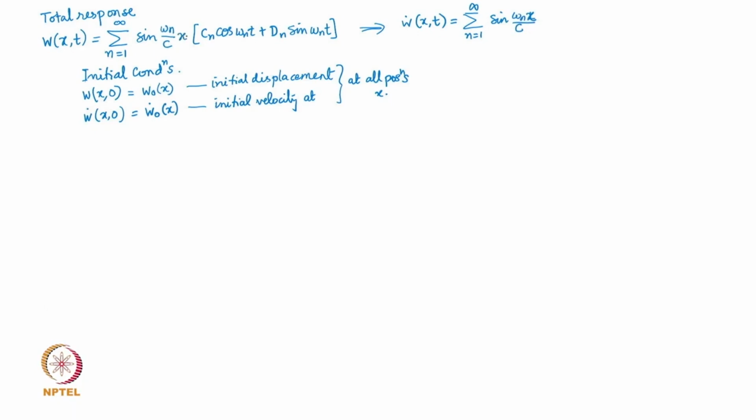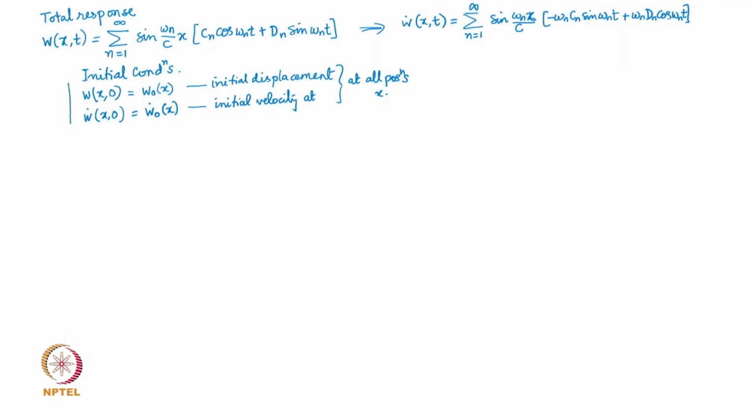Yes, this is our original. We simplified it as n pi x by L, basically to get the mode shapes properly obtained. It becomes easier to get the mode shape using that expression, but this is the standard expression for us. Omega n is the nth mode natural frequency, and the second term is: minus omega n Cn sin omega n t plus omega n Dn cos omega n t. So this is basically the velocity expression W dot of x comma t.